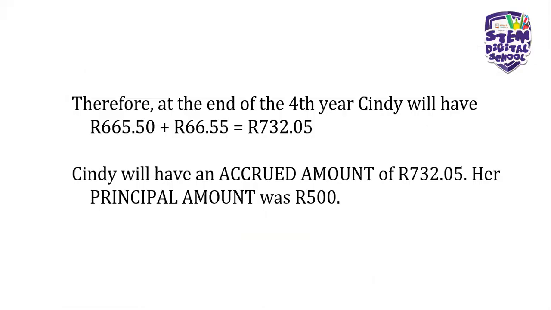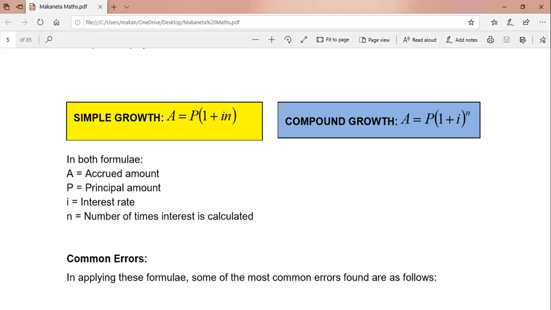Right, and of course, what I want to emphasize once more is the difference between the two formulae, the simple growth as well as the compound growth, but the same concepts exist in both instances.